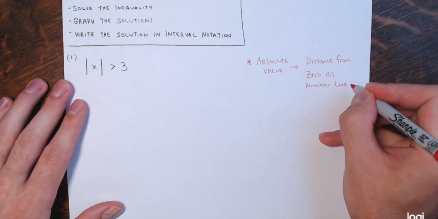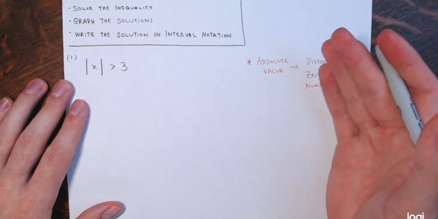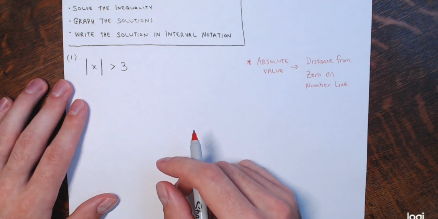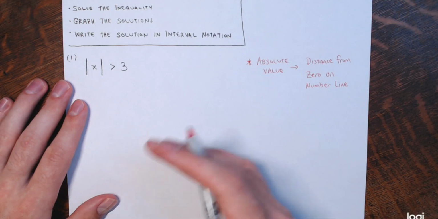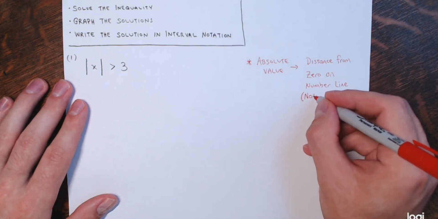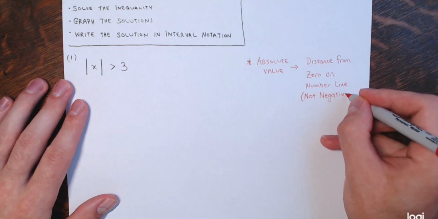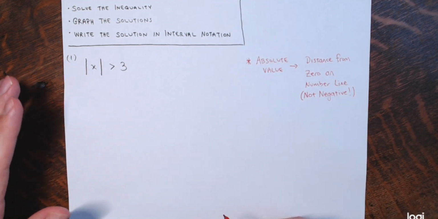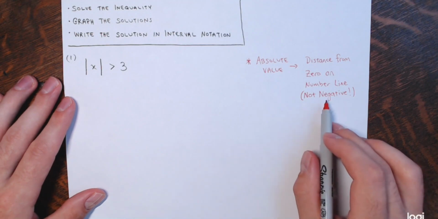Right, so for example, the absolute value of 5 is 5, right, because 5 is 5 units away from 0. The absolute value of -5 is also 5, right, because it's still 5 units away from 0. So absolute value is never negative. Right? It's not negative, ever. Or non-negative. So keep that in mind as we go through our examples here.